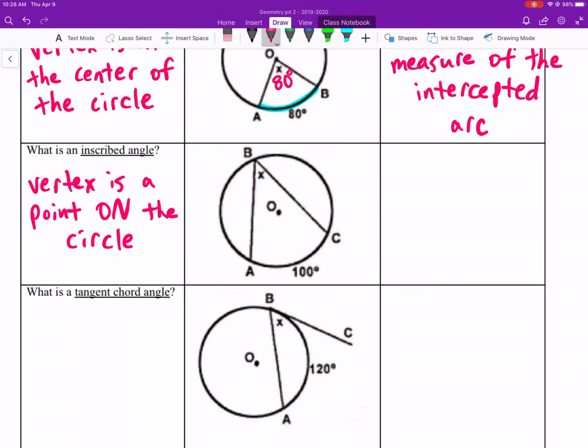What is it made from? This would also be good to jot down. Before it was two radii. Now what's forming this angle? If you think about what these two lines are, those are chords, so it'd be two chords. It could be a chord and a diameter, for example, but generally it's two chords.